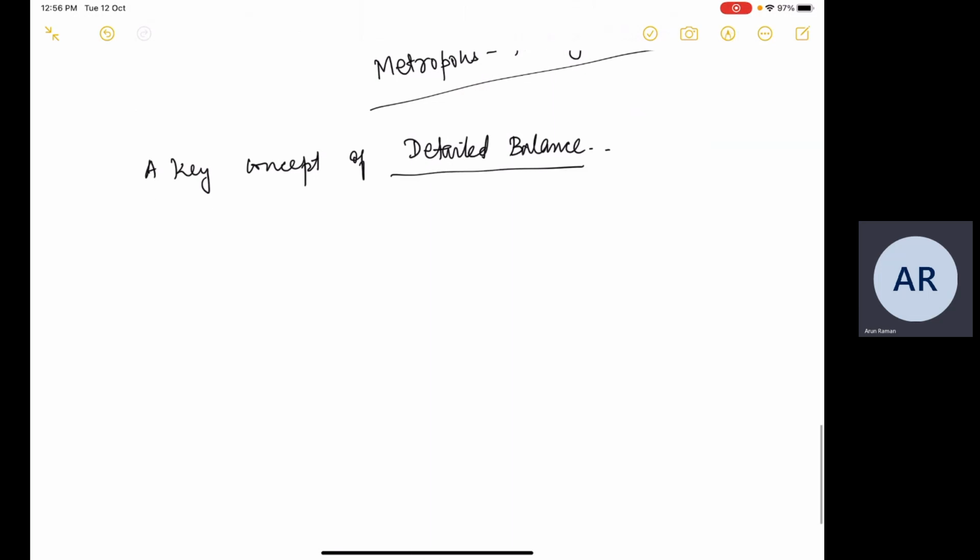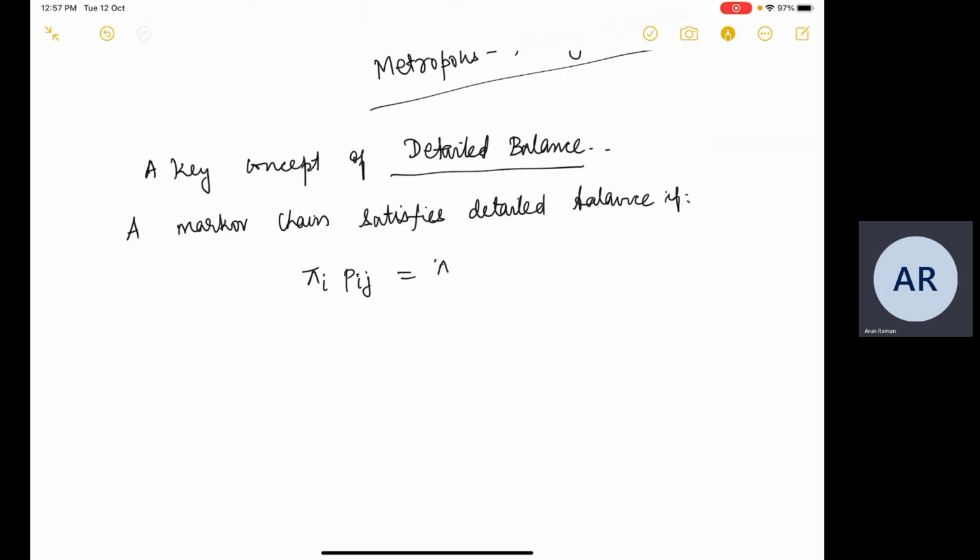We say that a Markov chain satisfies detailed balance if pi i P_ij is equal to pi j P_ji. Here P_ij means the probability of going from i to j.